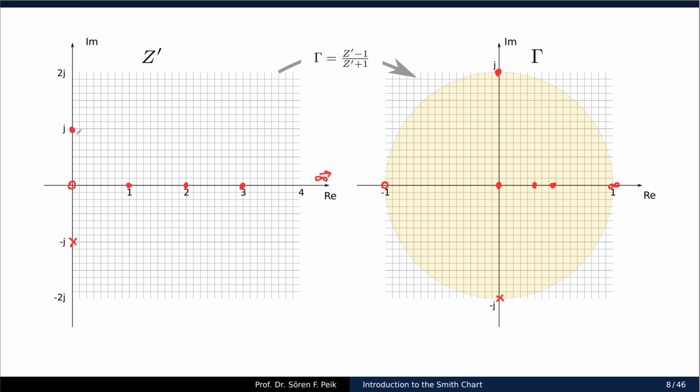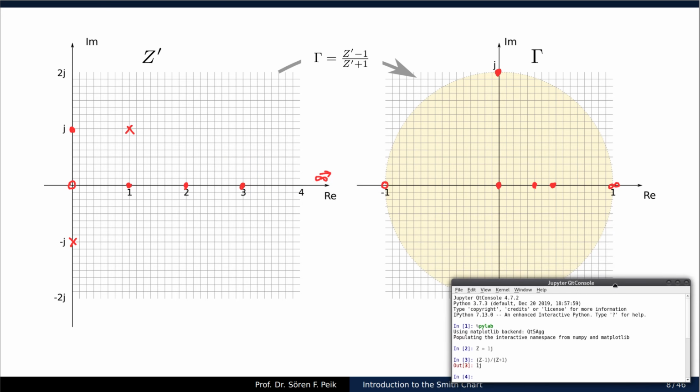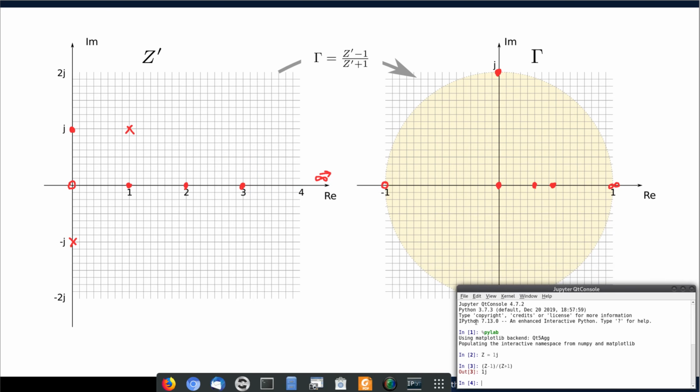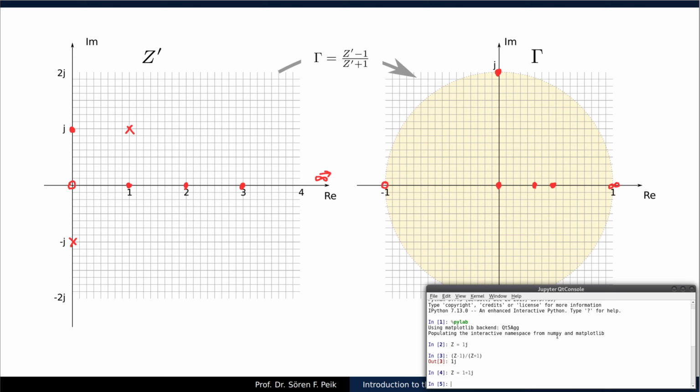So what happens when I use 1 plus j at this point here now? 1 plus j becomes what? Well, let's go back to our Python console. Let's make it here in the center. Now let's go. Let's make z as 1 plus 1j.